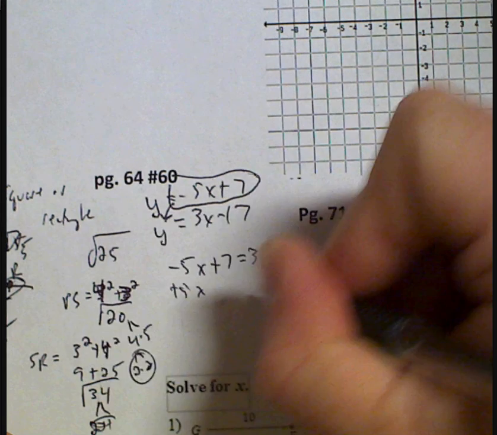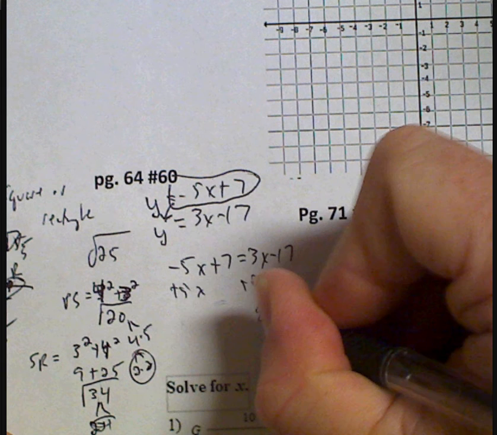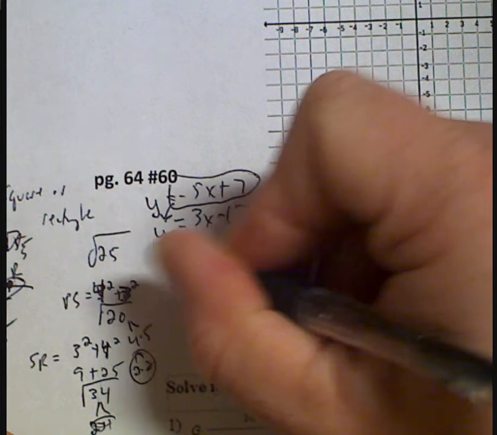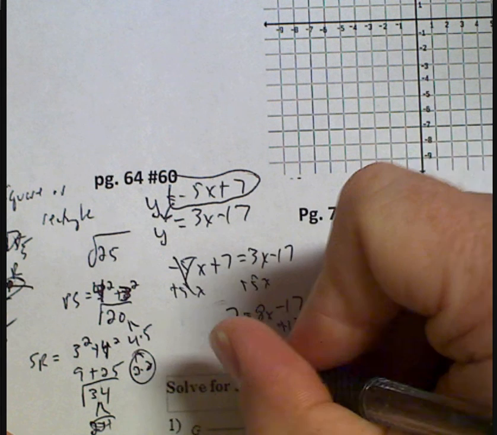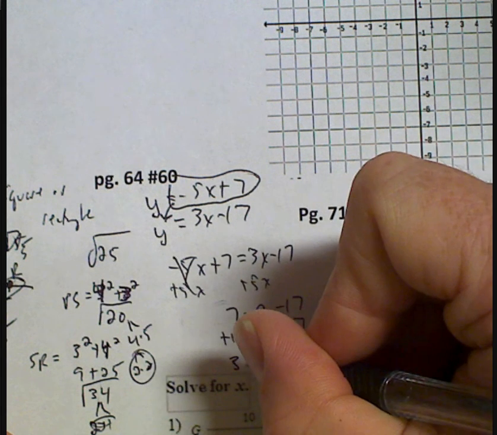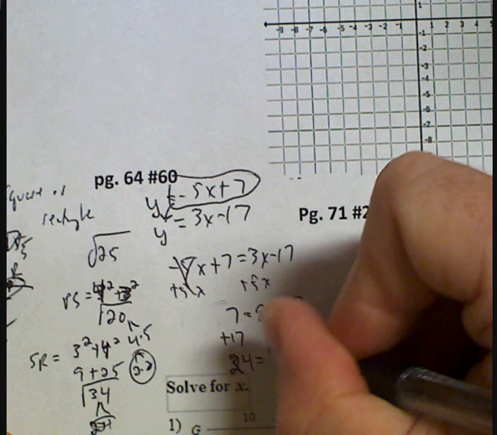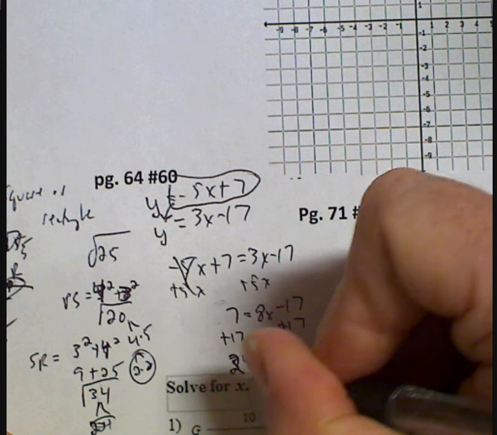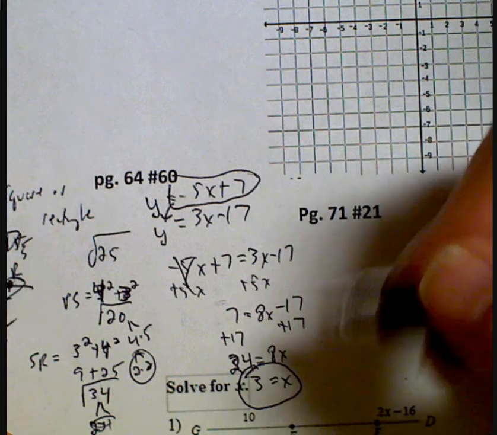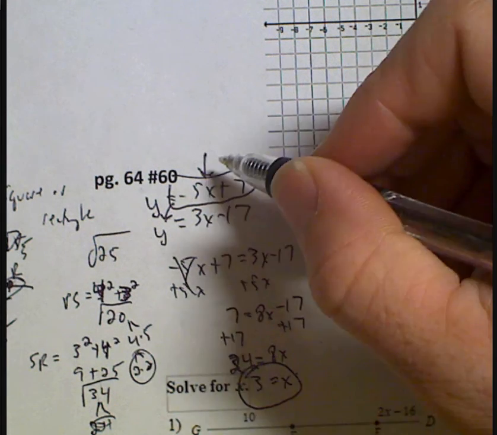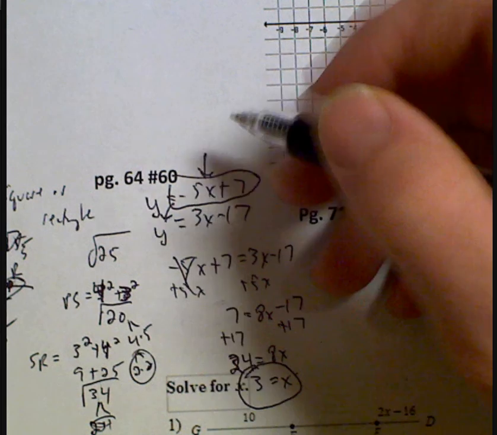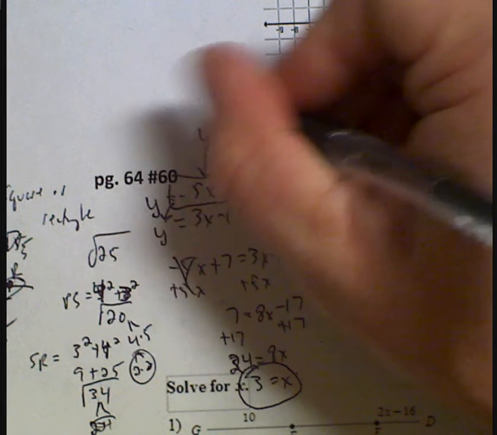Plus 5x, that's 8x, minus 17 equals 7. Add 17, that gives me 24 equals 8x, so x equals 3. If I take x equals 3 and plug it back in, negative 5 times 3 is negative 15. Negative 15 plus 7 is negative 8.